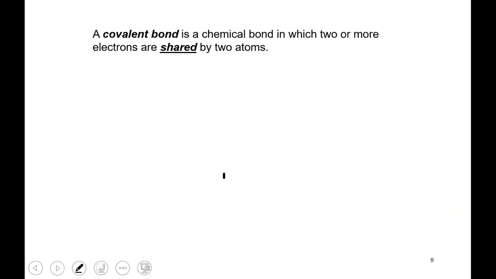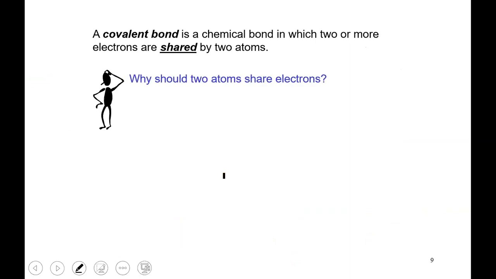Okay, so now let's see what a covalent bond is. We say it's a chemical bond in which two or more electrons are shared by two atoms. Now, why two electrons? Well, let's consider the formation of the fluorine molecule, which is F2, right?